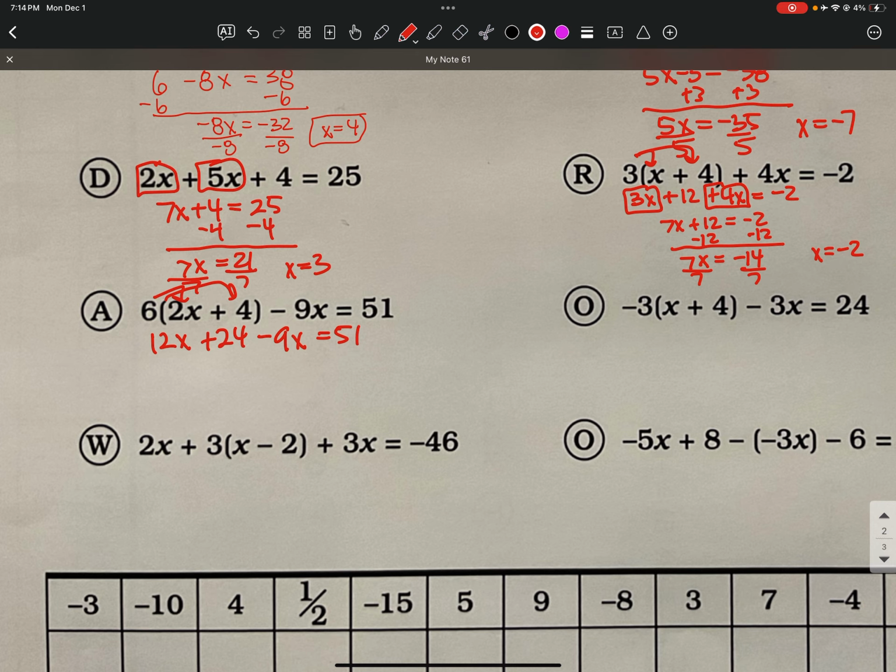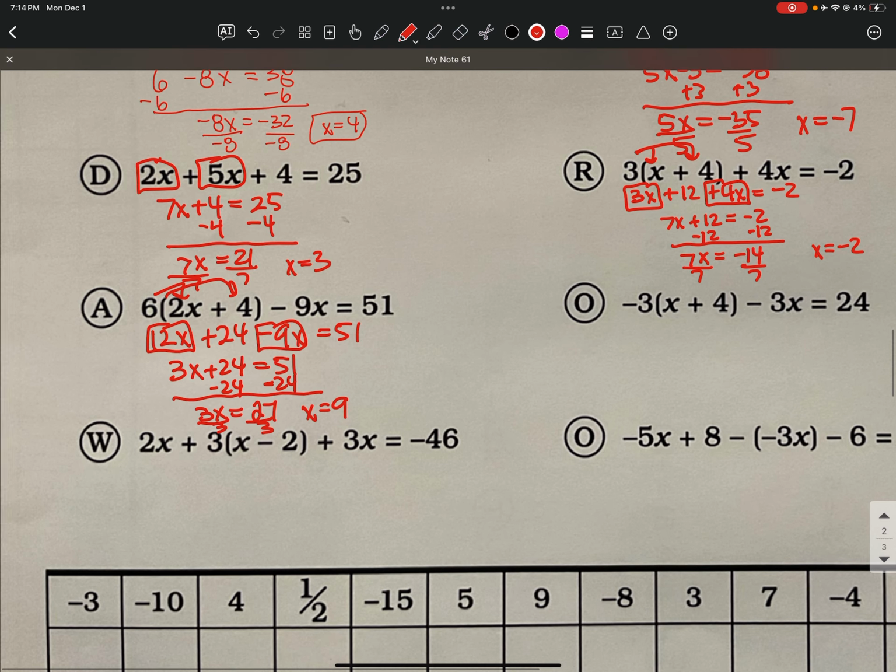Let's go. 12x's minus 9x's is 3x's plus 24 equals 51. Minus the 24, minus the 24. 3x's equal, what is that? 27 divided by 3, x equals 9.